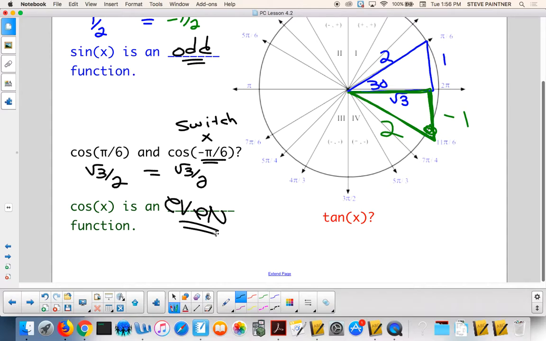Okay? Do tangent right now. Everybody do tangent. You should know how to do it. Tell me what you think it is. I'll come by you and I'll just say yes or no. So, anybody got it? What's tangent? Even or odd? And hey guys, do 30 and negative 30. Don't go to different angles. Okay?